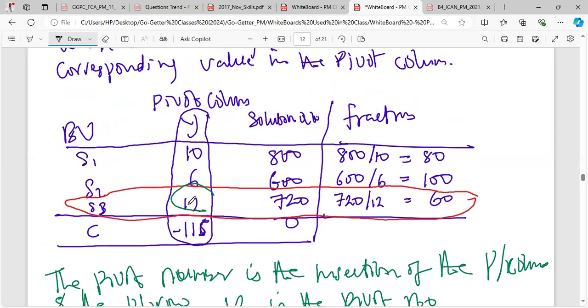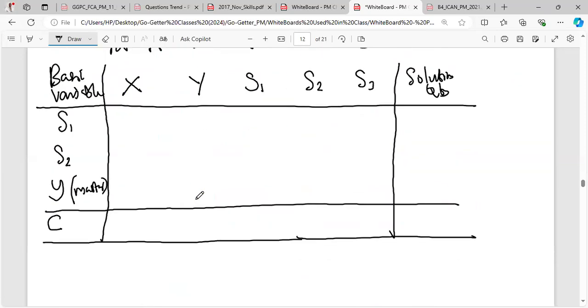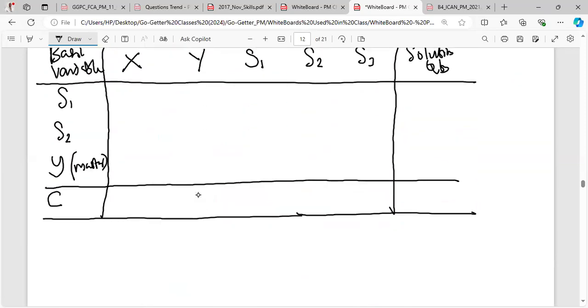This is the 12 that was here under column Y. In column Y, in the new table, this position where 12 is must be 1, and everything above or below it must be 0. So in column Y, this must be 1, and everything here will be 0.